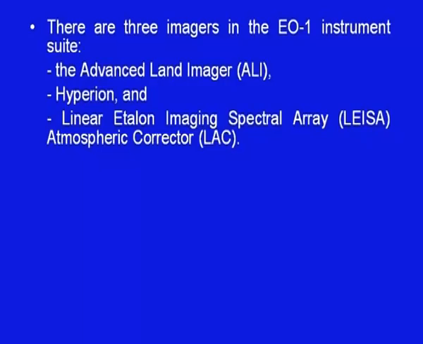There are 3 imagers in the EO1 instrument suite: the Advanced Land Imager, or in short ALI, Hyperion, and the Linear Etalon Imaging Spectral Array Atmospheric Corrector.